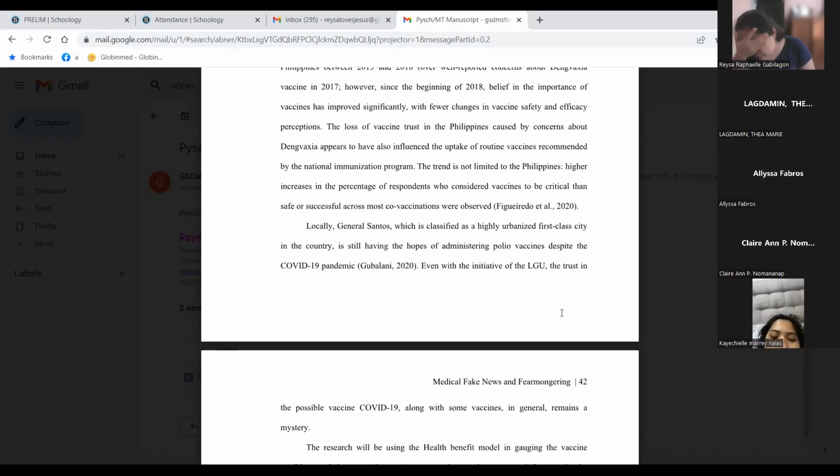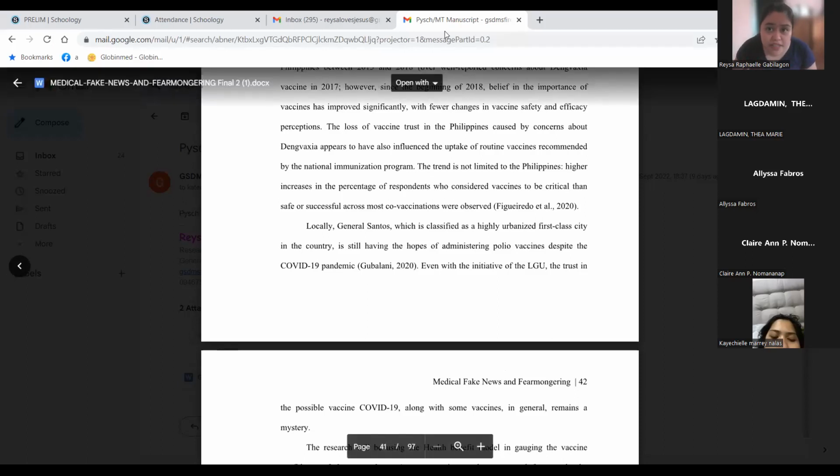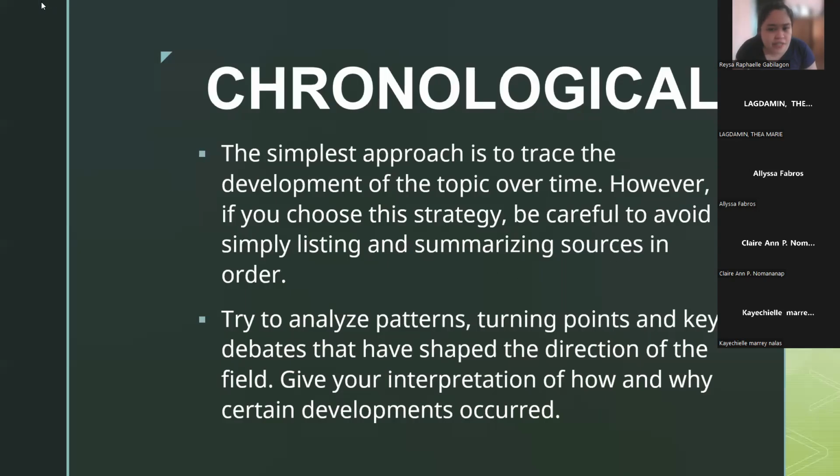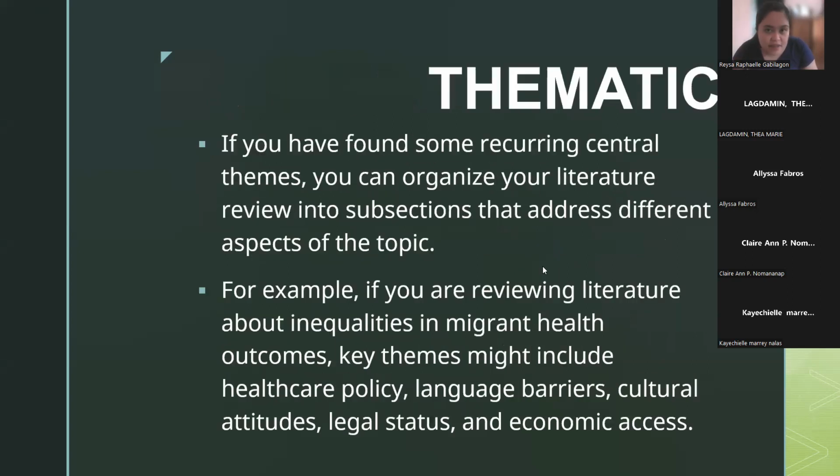They discussed a lot of topics there, but this is not just summarizing and listing information. They arranged the topics with all the patterns, key points, and key debates, and if you read it, they also provided interpretations of some of the things there.